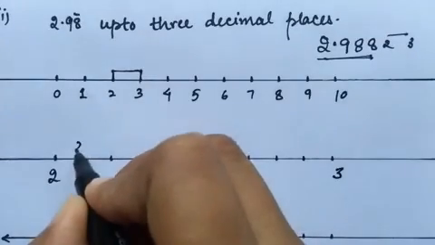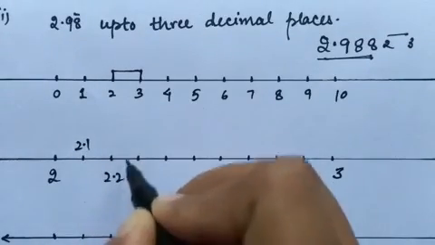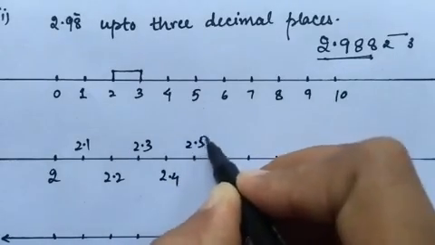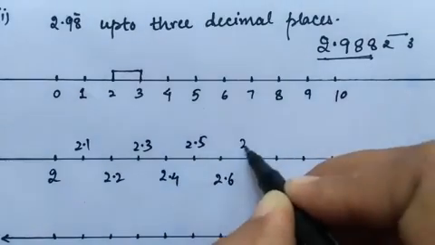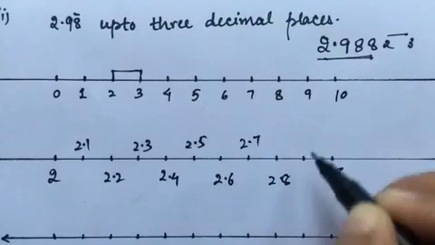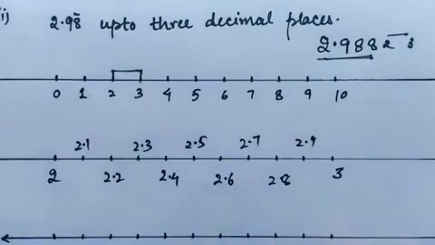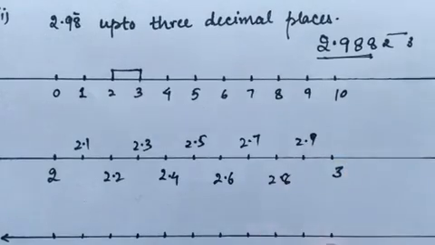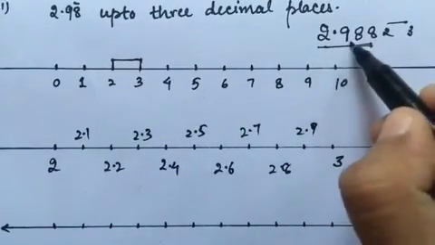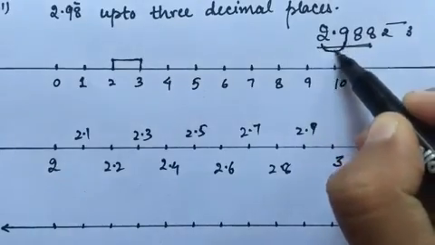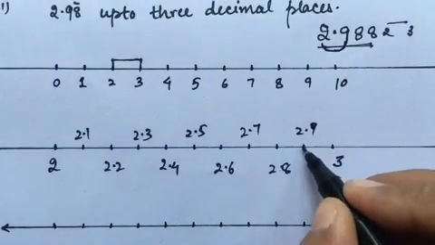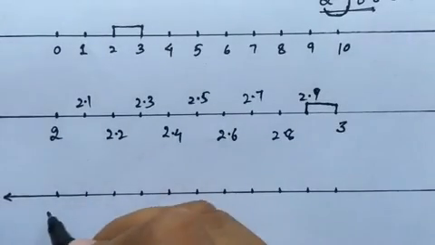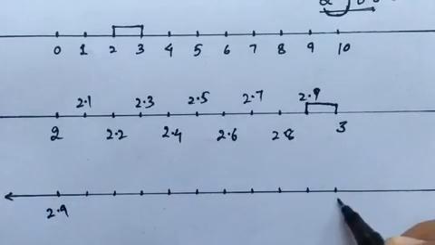Now here we will write 2 and here we will write 3. So this would be 2.1, 2.2, 2.3, 2.4, 2.5, 2.6, and then 2.9. Then we are in 2.98, so we are here at 2.9. I will write here 2.9 and here 3.